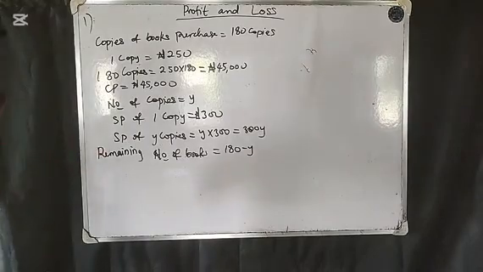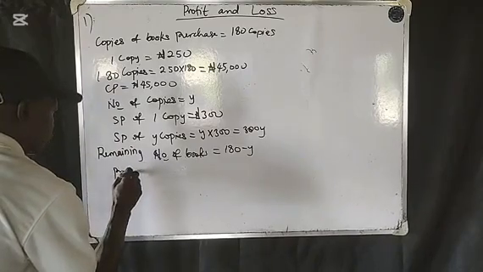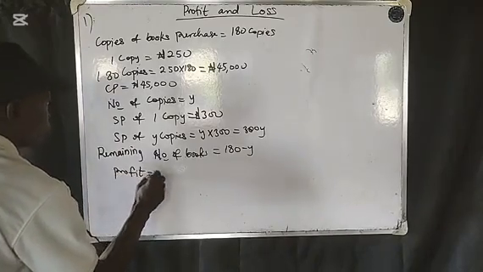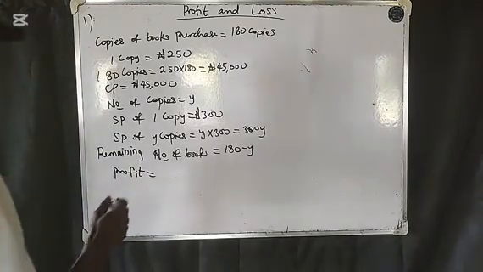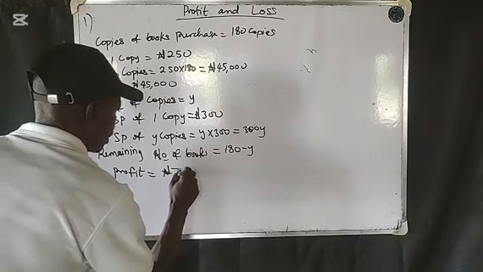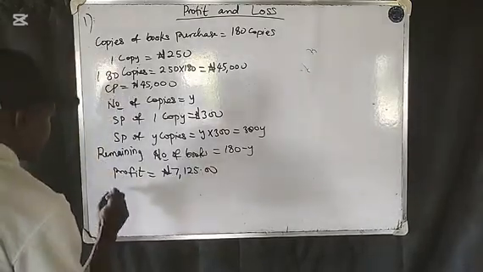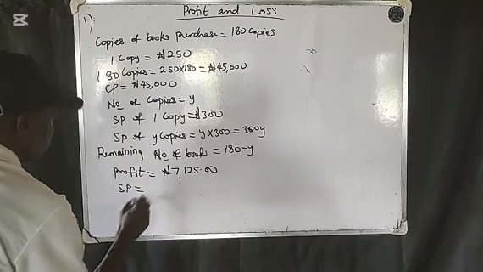Now this is the remaining one. Profit is equal to 7,125 naira, right? Now selling price is equal to what?